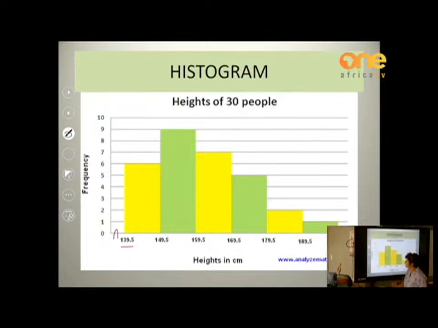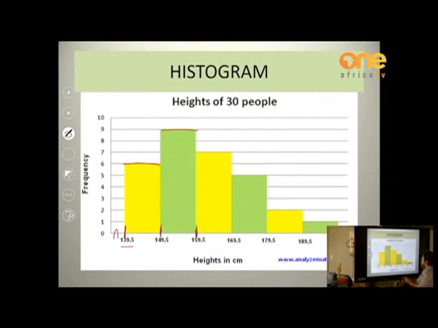There we make an omission sign to show if we are not starting at 0. We have a range between that number and that number. I have 6 people between that number and that number, and I have 9 people of that centimeters.